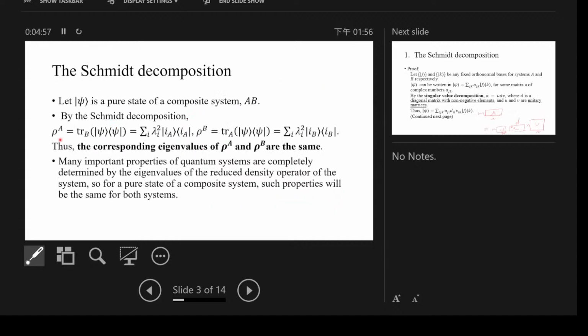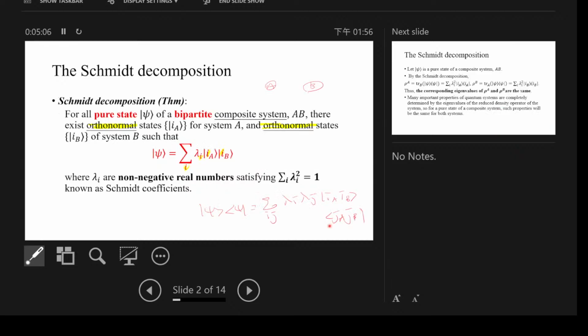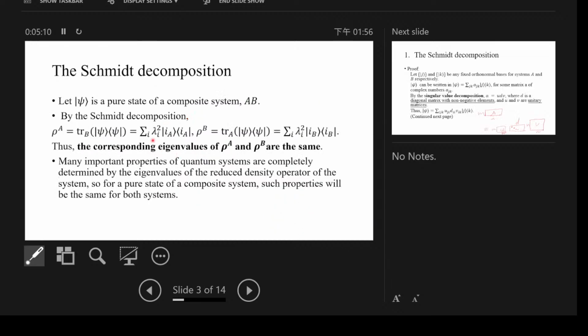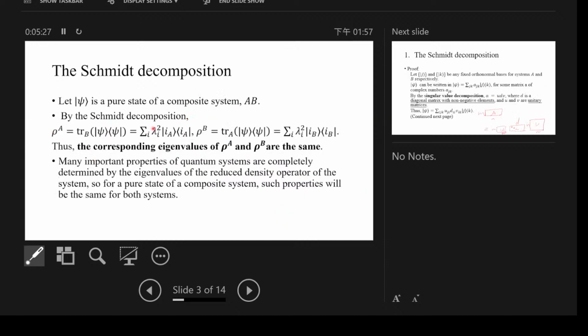So in the end, your summation only has one index i: the sum over i of lambda_i squared, the B part gets traced out, and you are left with |i_A><i_A|. So this is the reduced density matrix on system A: the sum over i of lambda_i squared |i_A><i_A|. You can quickly see from your Schmidt decomposition what your reduced density matrix is.